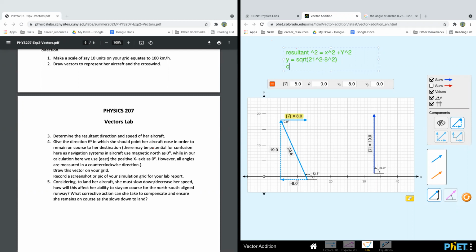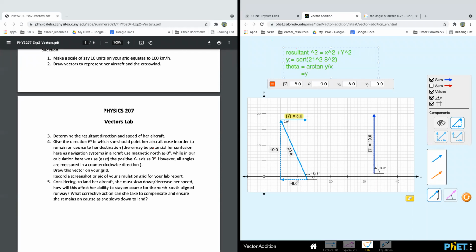So theta equal to arc tangent of y over x, which equals y over 8.